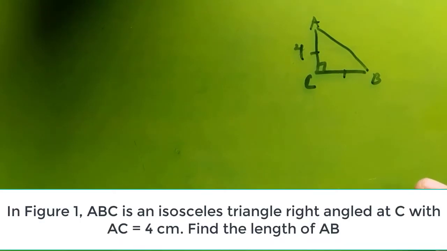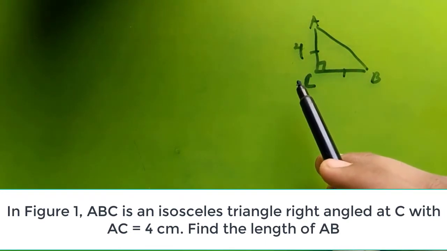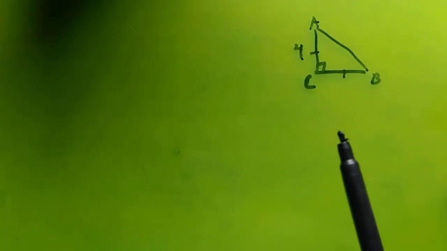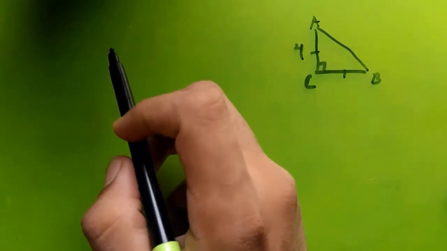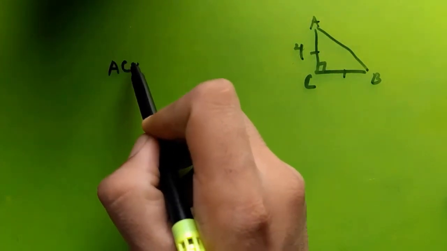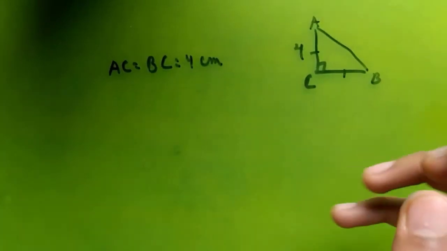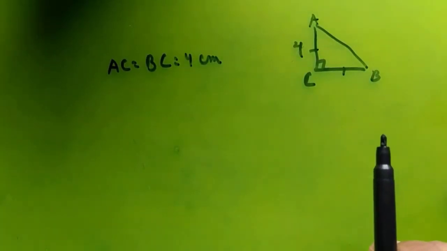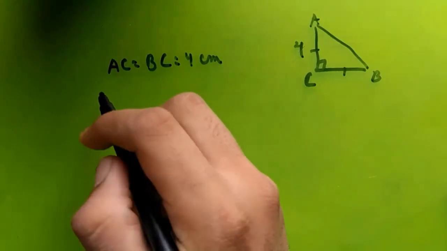Next question is: ABC is an isosceles triangle, right angle at C with AC equal to 4 cm. Find the length of AB. Therefore we know that AC equal to BC equal to 4 cm, because hypotenuse is always bigger than the perpendicular and base. Now we can calculate that by Pythagoras theorem.